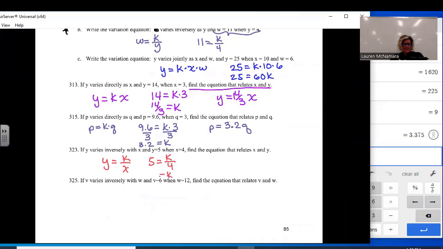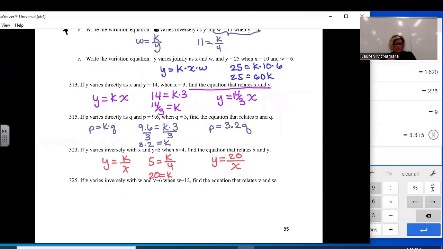I get K equals 20. Then I'm going to write Y equals 20 divided by X. All I'm doing is finding K and turning around and replacing my K in my equation.